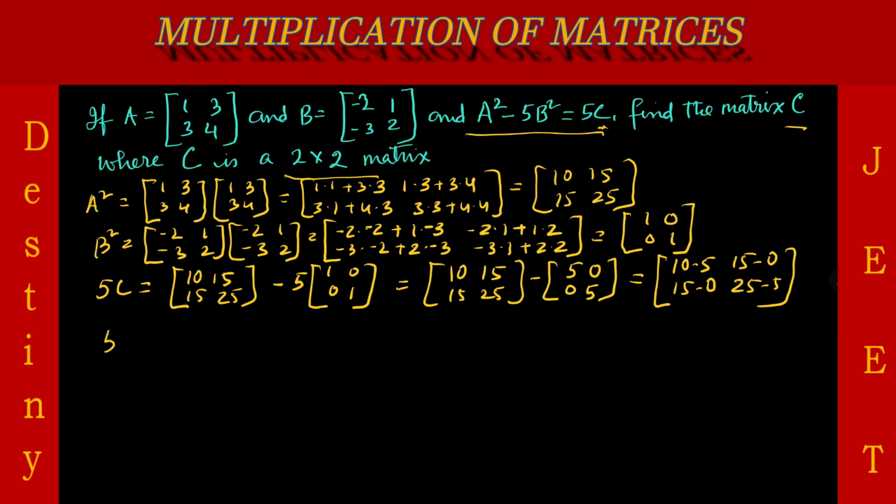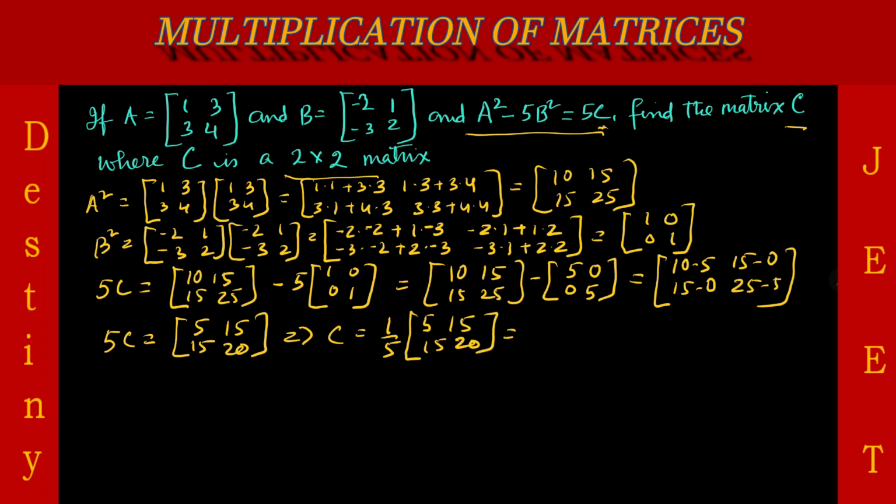So we get 5C is equal to 5, 15, 15, 20. Hence C is equal to 1 upon 5 into 5, 15, 15, 20, which gives you 1, 3, 3, 4, which is of the order 2 into 2.